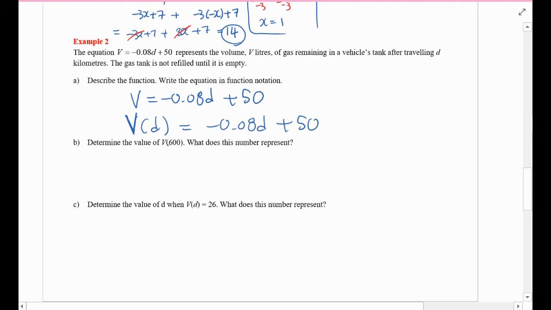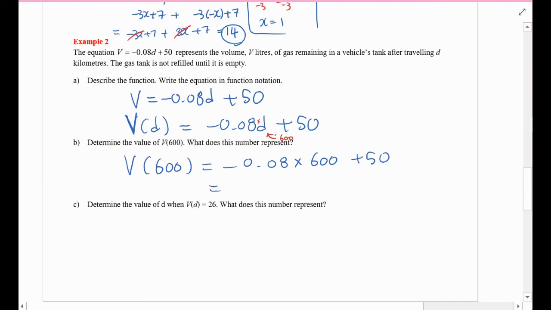So this is the function notation. Determine the value of V of 600. So the input is 600, right? V of 600 means the input is 600. So we're going to plug 600 into D. Remember, the multiplication sign is hiding here. Plus 50.